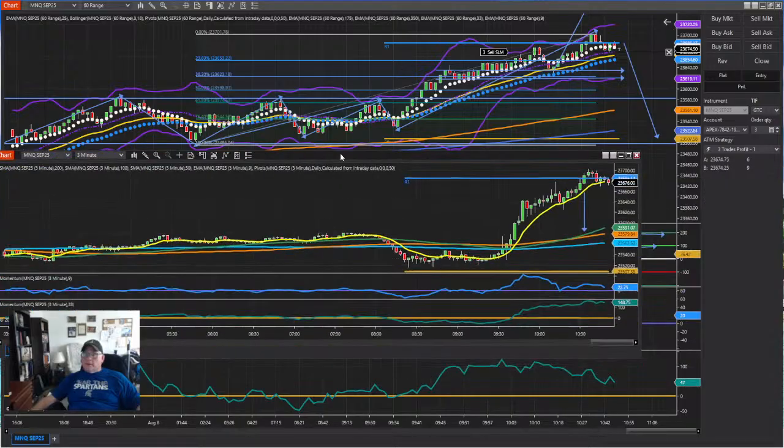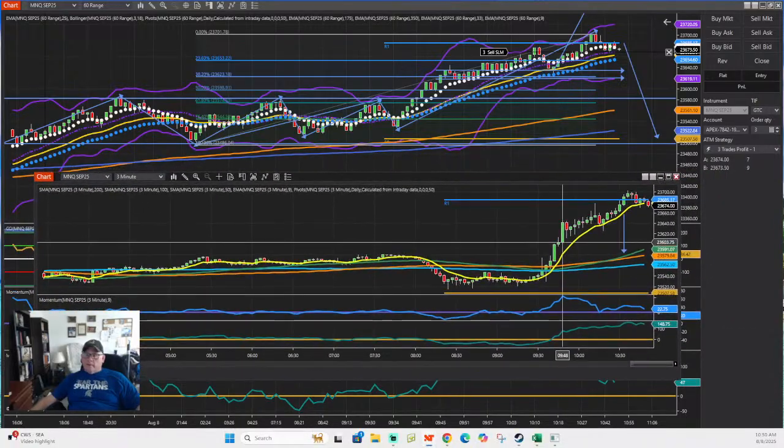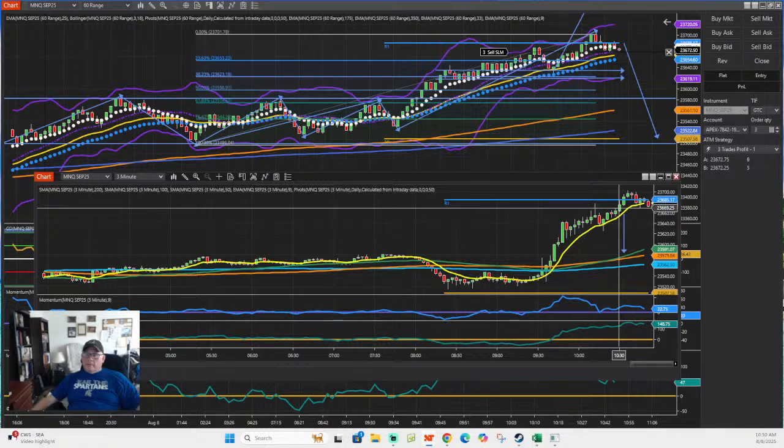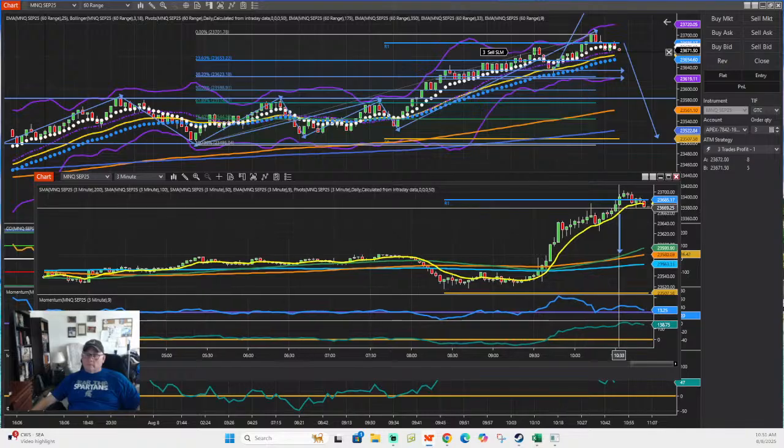Bring over the 3-minute chart, kind of see what we're looking at right now. We're looking to try to bust here and go in. Very slow up move, trying to take advantage of this slow up move with a quick down move.